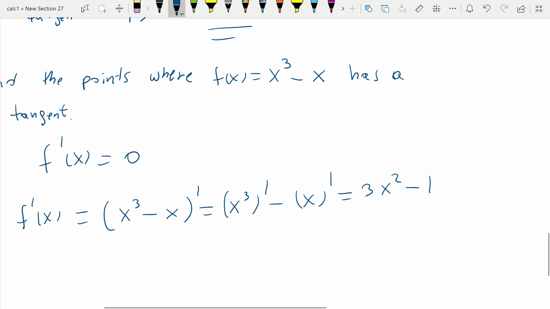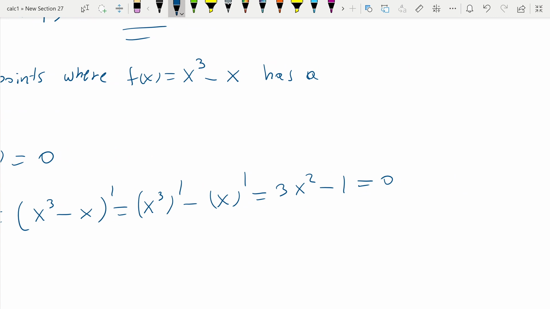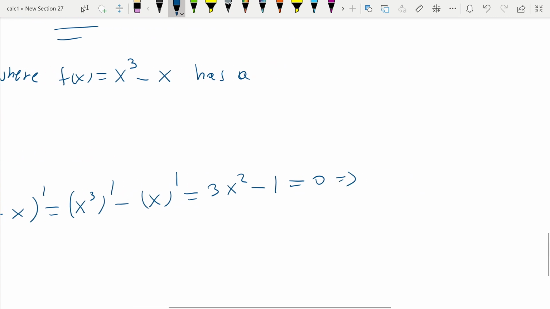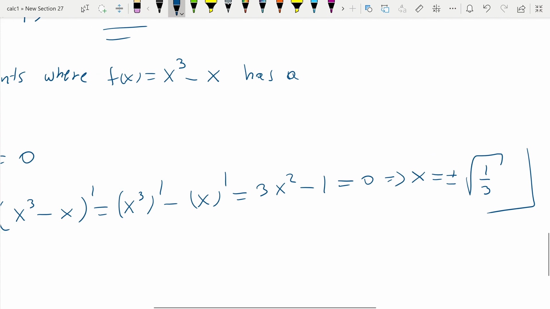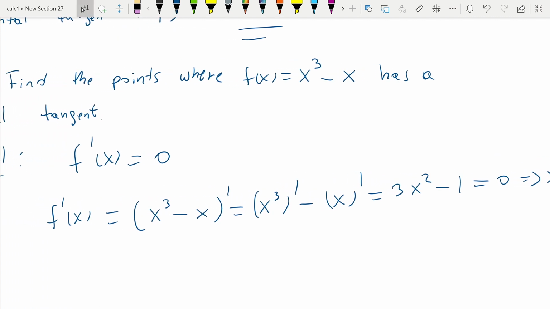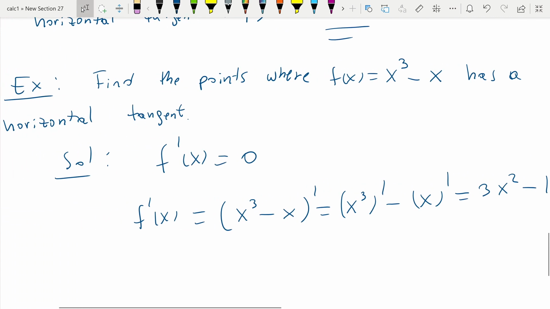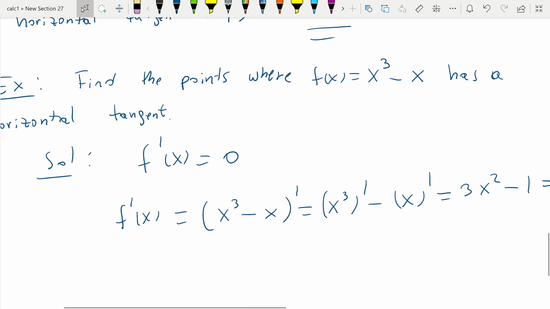Setting this equal to 0 gives us that x has to be equal to plus or minus the square root of 1 over 3. I'm sorry about that, I don't know why it's so ugly. Okay, so those are the points where f of x equals x cubed minus x has a horizontal tangent.